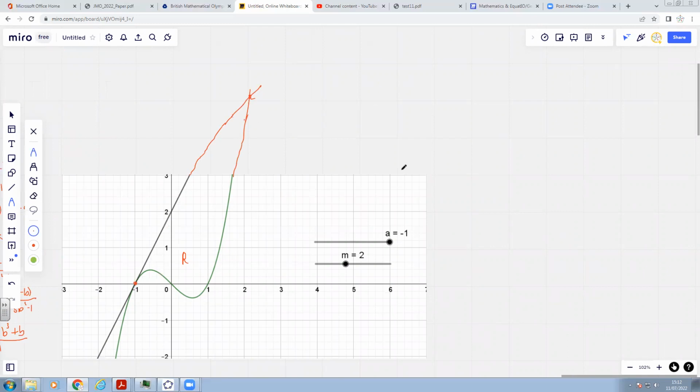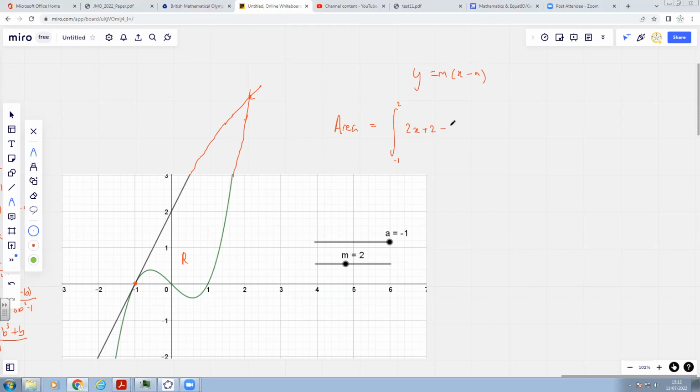And then we can use our classic little bit of way for finding the area trapped between two curves. We're going to integrate from -1 up to 2, top curve minus bottom curve. Now the top curve, because it was y equals m times x minus a. Remember, m was 2 and a was -1. So this becomes 2 times x plus 1, which is 2x plus 2.